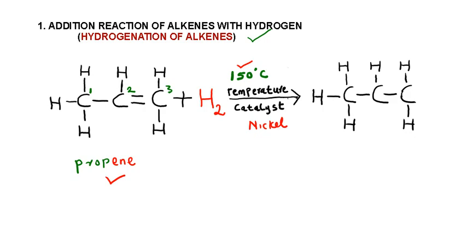So when you react this propene with hydrogen under this very condition, what happens is here, this double bond between carbon number 2 and carbon number 3 is going to split. They are going to break. So when they break, or when they open up, then one single bond is going to remain.